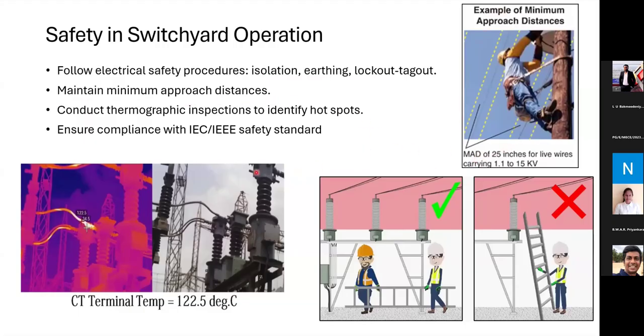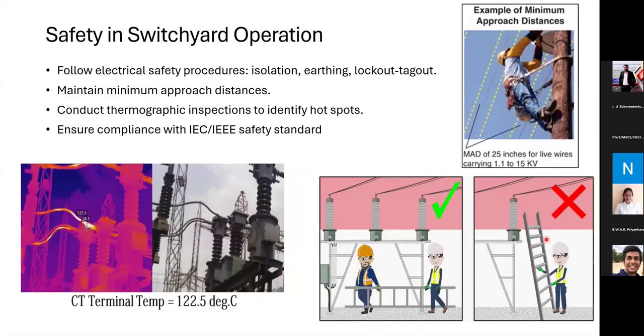So MAD means the minimum distance that you can get from high voltage equipment. Based on the level of training as well as the level of expertise and technical training, the MAD, or the minimal approach distance approved for you, might be different.